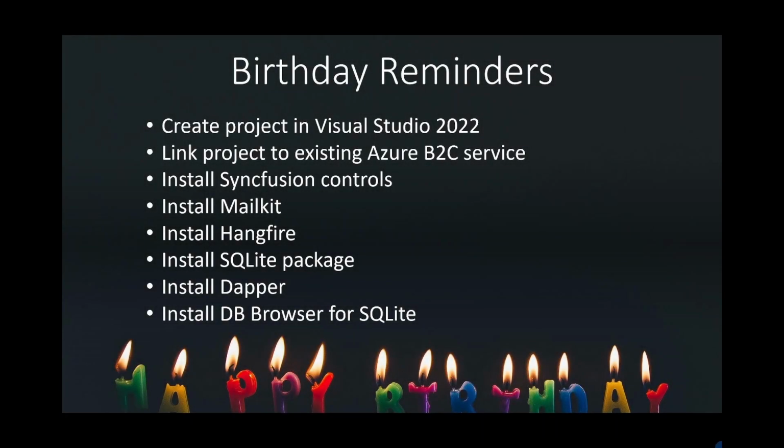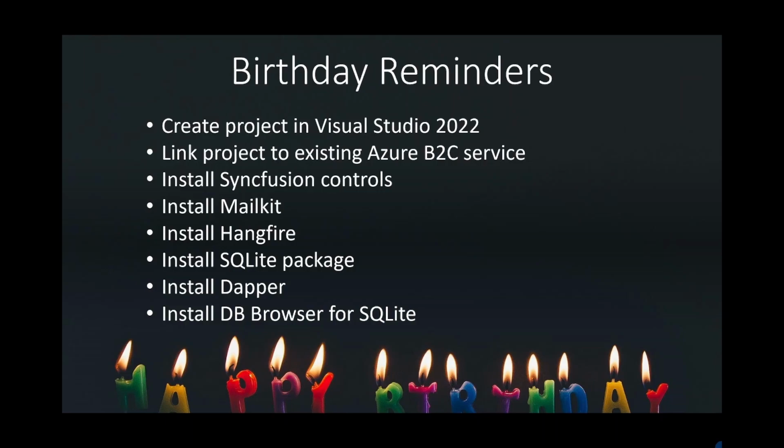The initial steps we'll need to take is to create a project in Visual Studio 2022, then link the project to our existing Azure B2C service. This came as quite a pleasant surprise to me, in that it's possible to link a number of projects to Azure B2C service.